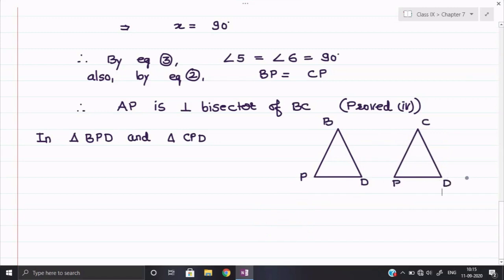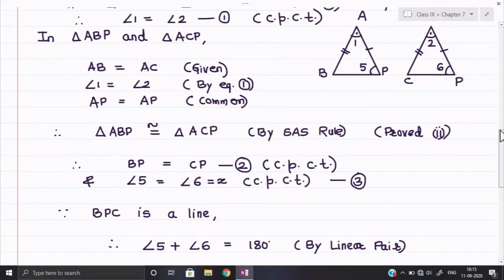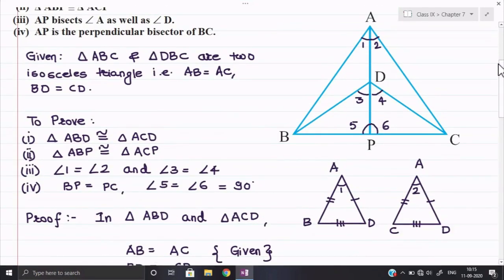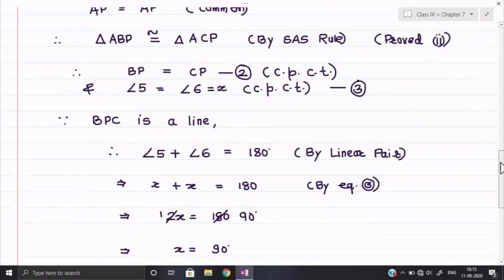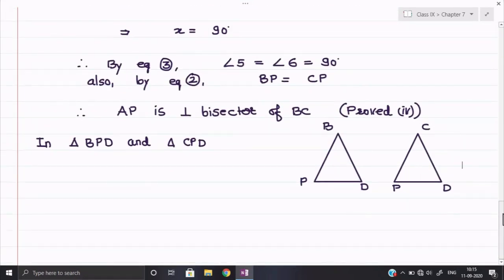Okay, I will show you these two triangles are coming at the bottom of in the figure. Observe the main figure. Yes, are you looking the two triangles BPD and CPD, right? So in these two triangles, first of all you observe PD and PD is given common.